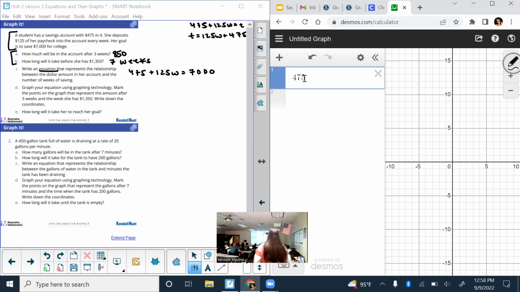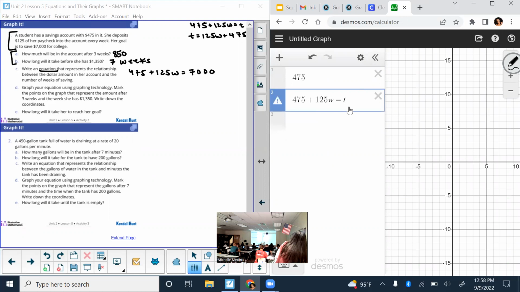You should be practicing this too. I'll put in here actually. 475 plus 125 W equals T. Does it give me anything? No. Even if I put it in that other format, it still doesn't give me anything. Because what does Desmos only read? X's and Y's. Now, which one should be X and which one should be Y?